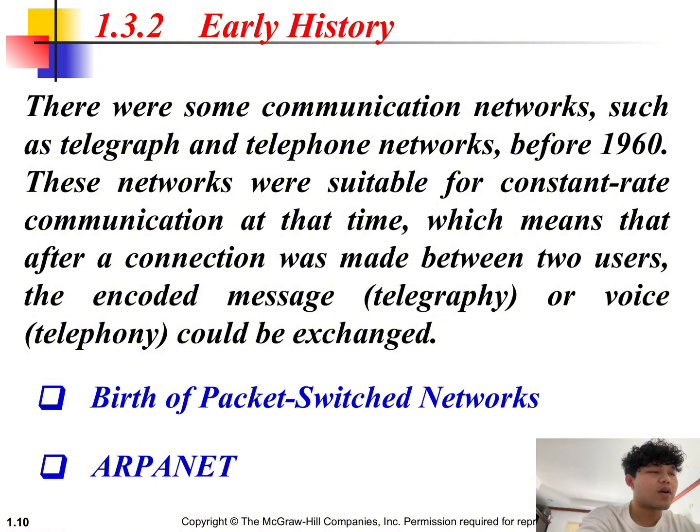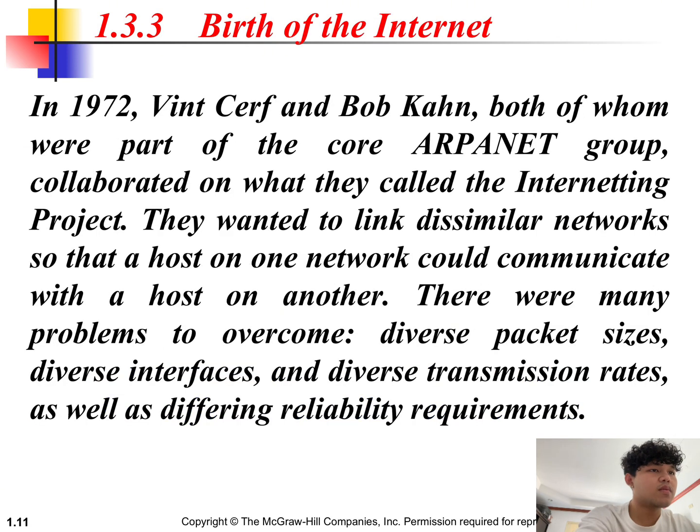There were some communication networks such as telegraph or telephone networks before the 1960s. These networks were suitable for constant rate communication at a time, which means that after the connection was made between two users, the encoded message or voice could be exchanged.